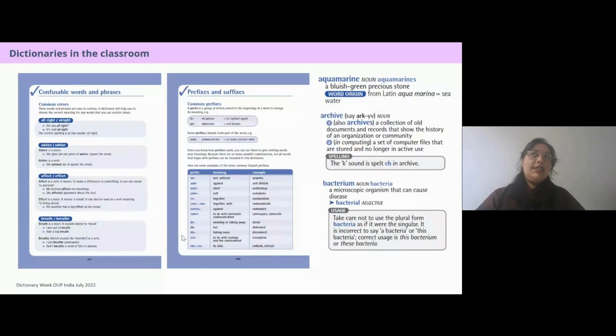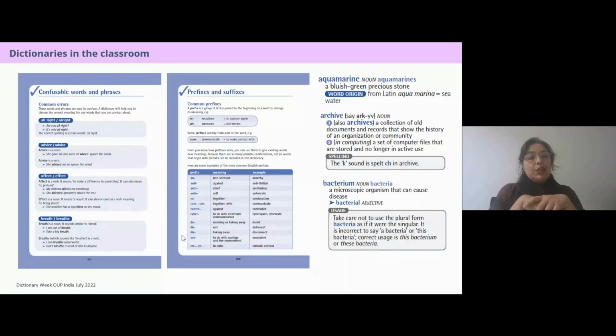In the older ages, these panels, in the school dictionary or the others, give you a lot more language information, and this helps with language learning and with exam preparation. So confusable words and phrases, when do you use advice and advise with the CE and an SE, prefixes and suffixes, which helps them with word knowledge, with word building, helps with spelling.